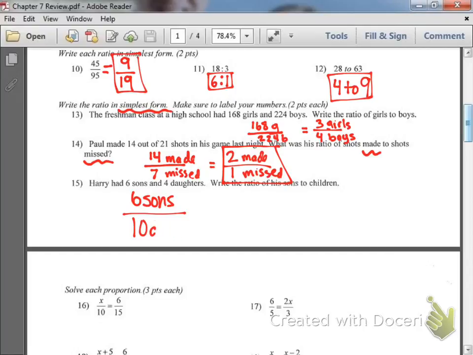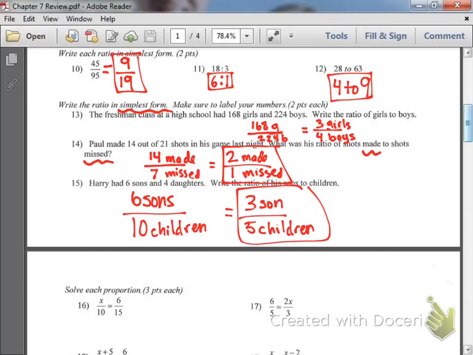Oops. Even though I'm writing daughters. There should be children. So you have to add the sons and the daughters to get children. Alright, and I can reduce that. 2 goes into top and bottom, so that's going to be 3 sons over 5 children. Questions?